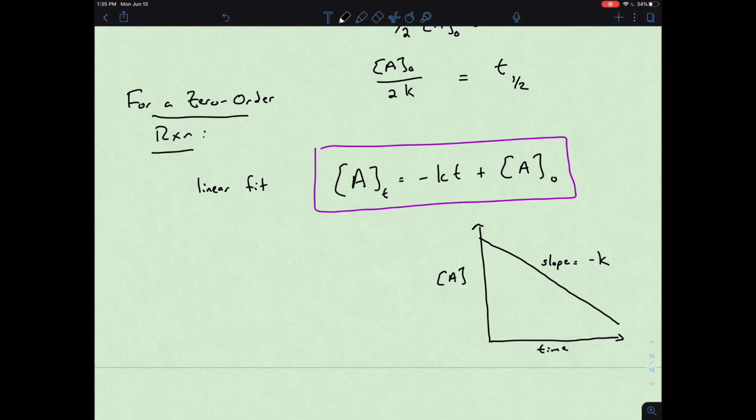And we have here our y-intercept, which would be the initial concentration of the molecule A. So that's the linear fit. We see the y is equal to mx plus b expression here.